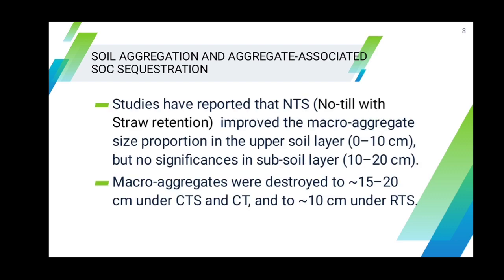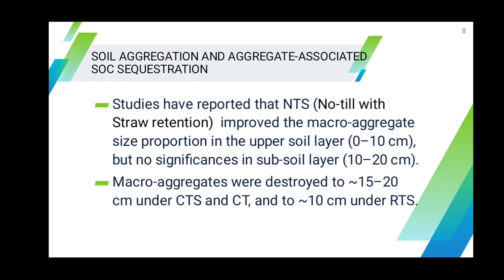Soil aggregation and aggregate-associated SOC sequestration. Studies have reported that NTS improves the macroaggregate size proportion in the upper soil layer, 0 to 10 cm, but no significant difference in the subsoil layer, 10 to 20 cm.